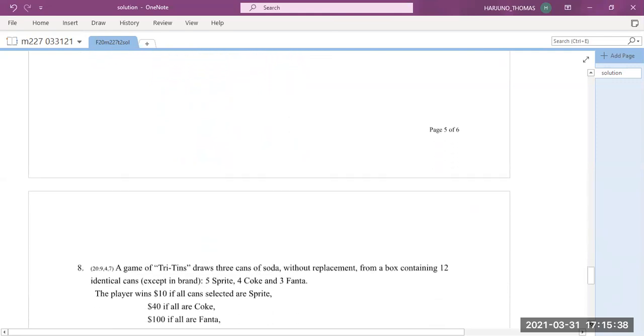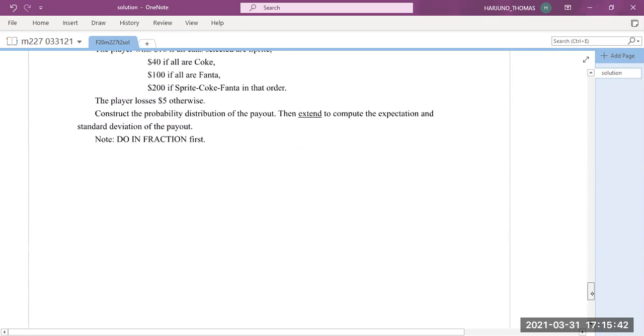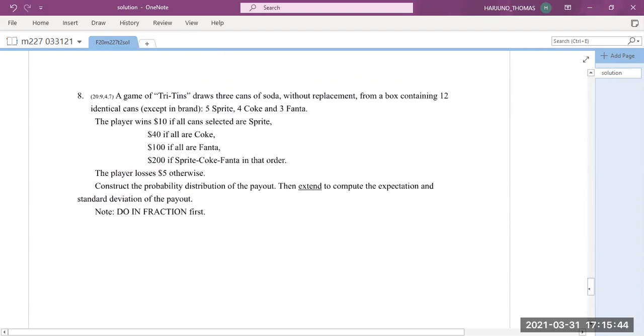Now the last question. I think this is the last question. A game of 3 cans: draw 3 cans of soda without replacement from a box of 12 identical cans, except in brand: Sprite, Coke, and Fanta. You will select 3 cans.